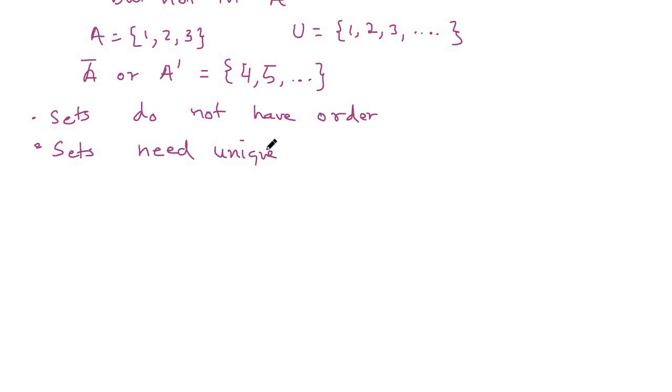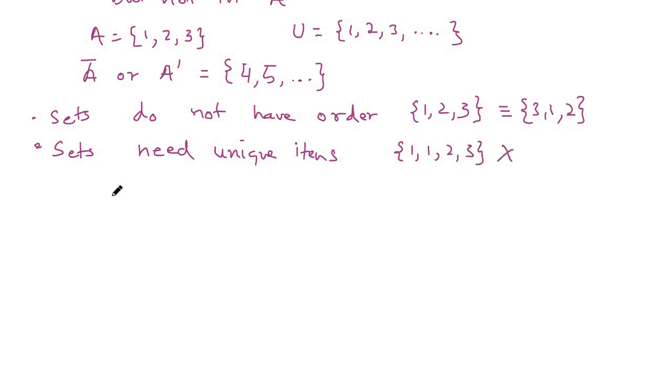Only one item can be written one time. So whether you write 1, 2, 3 or 3, 1, 2, all of them are equivalent sets. And a set needs unique items, so you cannot have duplicacy like 1, 1, 2, 3. This is not allowed. This is not a set.